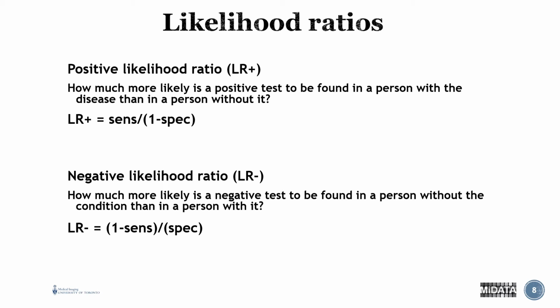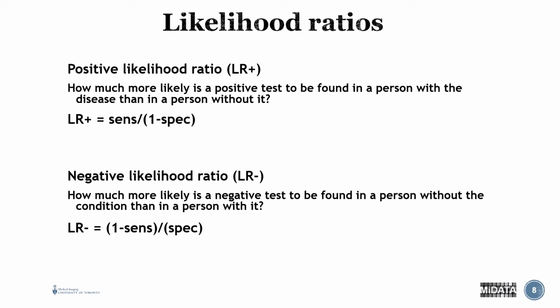A positive likelihood ratio can be expressed as how much more likely is a positive test to be found in a person with the disease than in a person without it. How you calculate it is sensitivity divided by 1 minus specificity, which you'll remember is the false positive rate.